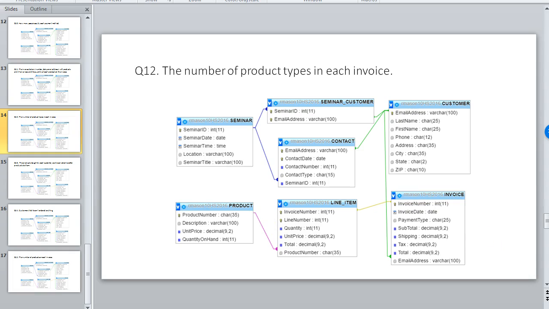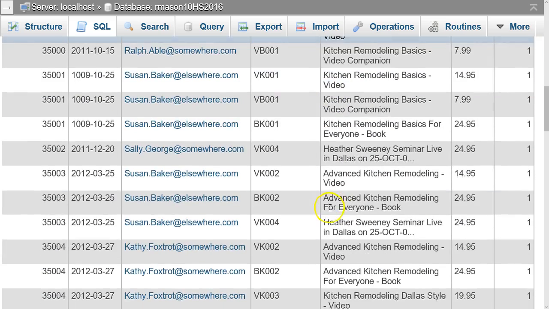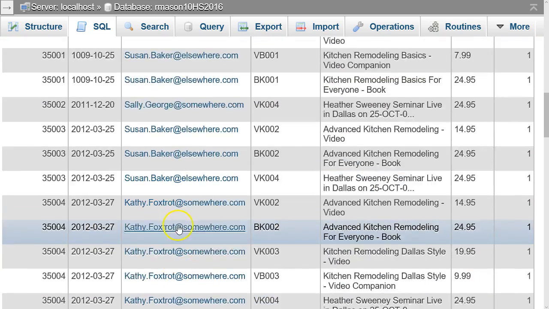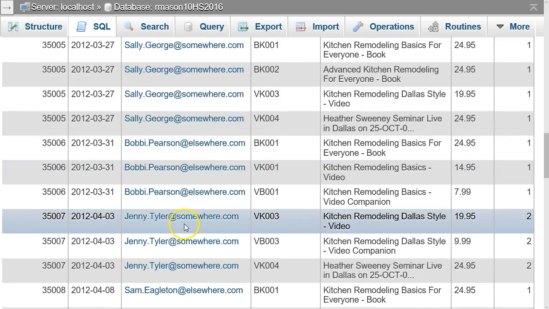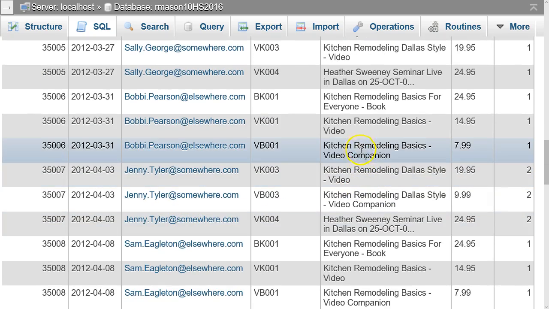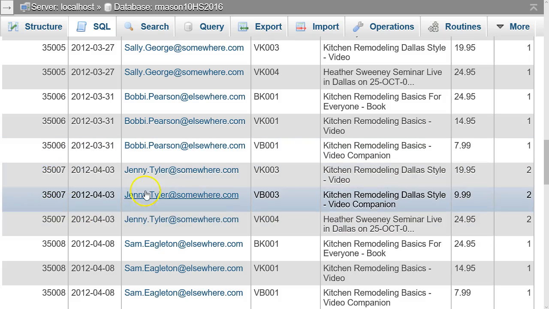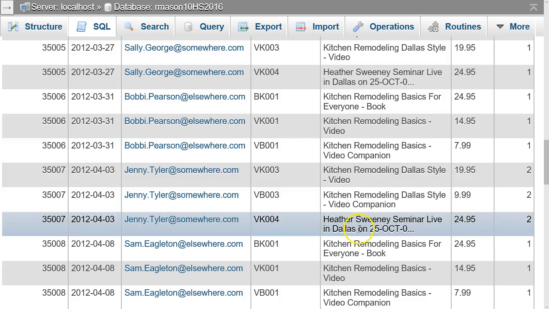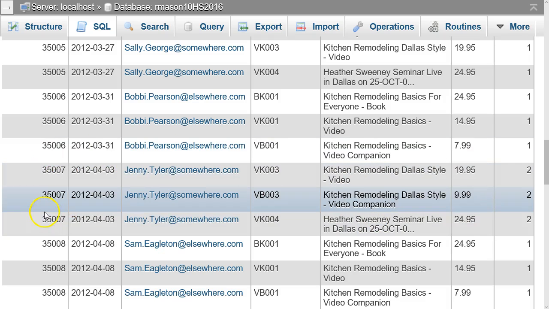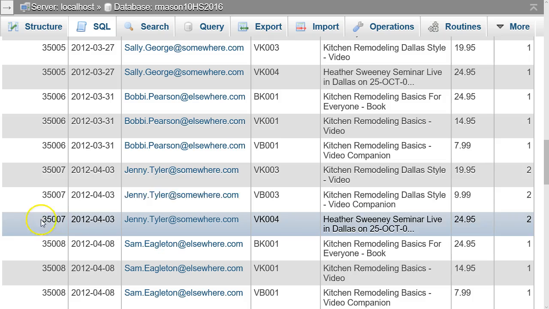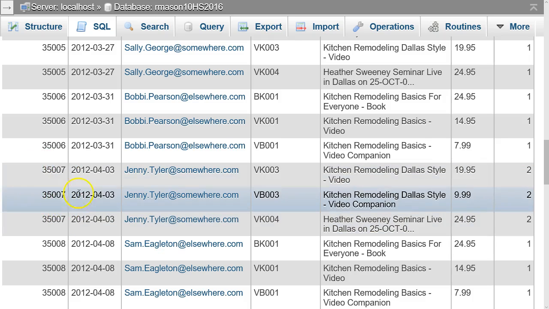So if we go back to having a look at this, you can see that 35007 has 3 lines, and so what we actually need is a count of how many lines are in that invoice. So we're going to need to group it by the invoice number.